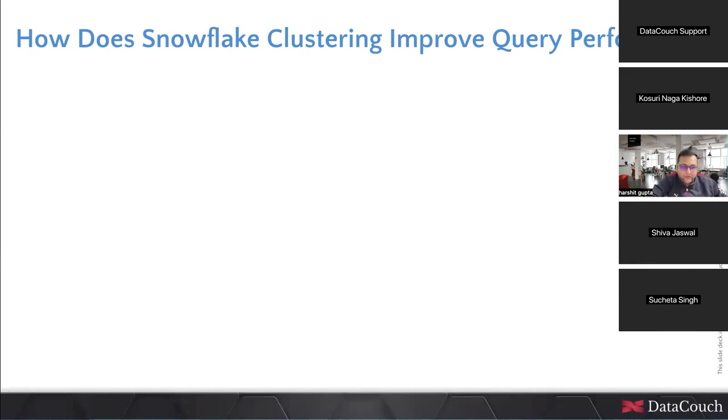Snowflake does not immediately scan the data, because in Snowflake we have automatic clustering and other clustering scenarios as well. Once we have uploaded the data, Snowflake automatically creates the partitions for us, known as micro partitions, and it does not immediately read or scan all the data.